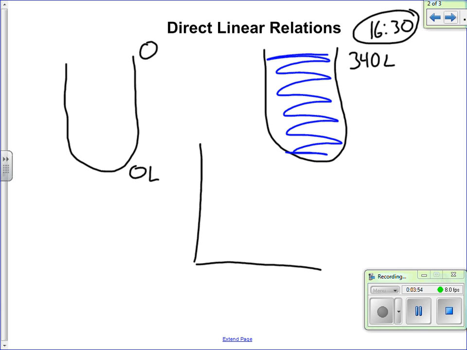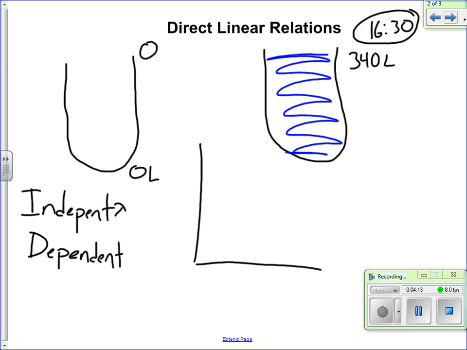In order to do that, I need to understand independent variables and dependent variables. Essentially the way I remember it, independent is what you change, and the dependent variable is what you measure.